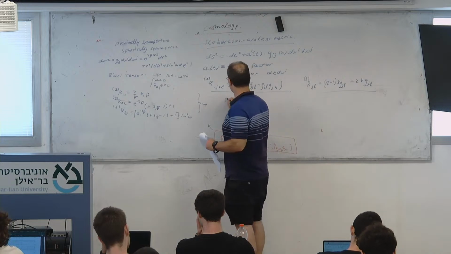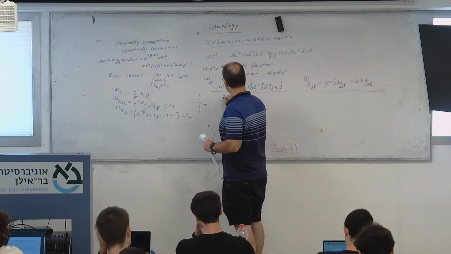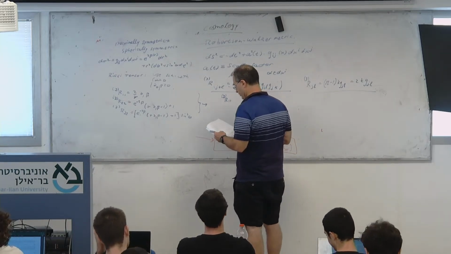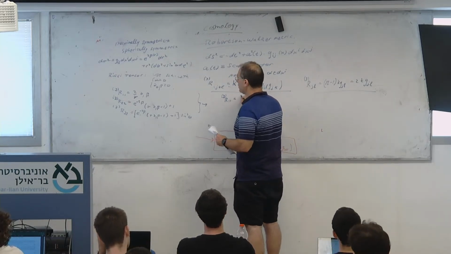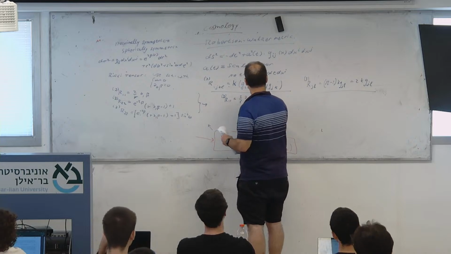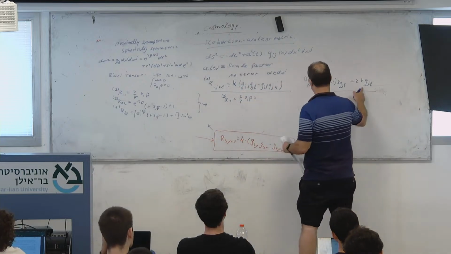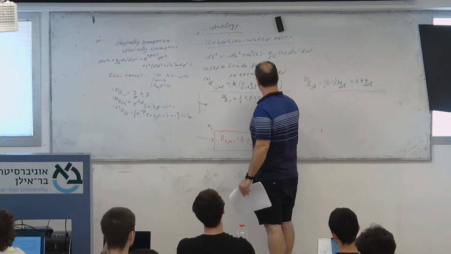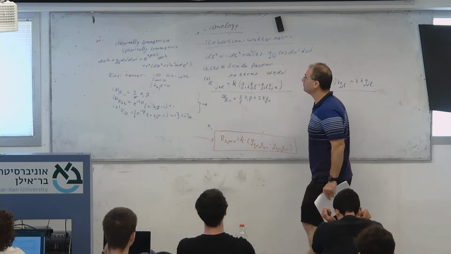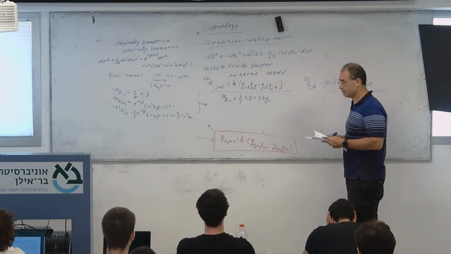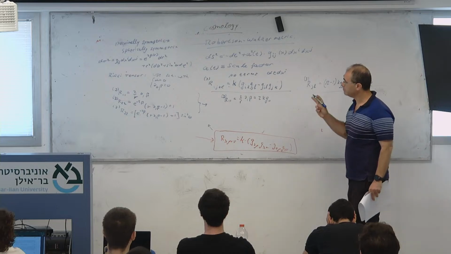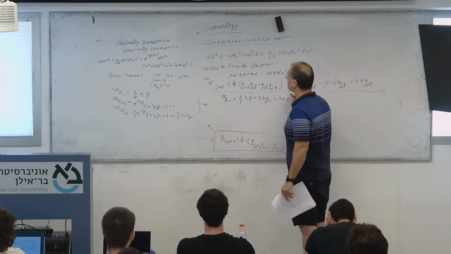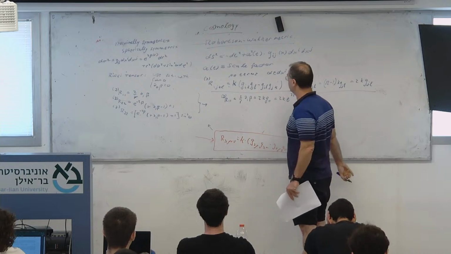What I have is R11 in 3 dimensions is 2 over r d1 beta, and that is equal to 2K g11. What is g11? It's e to the 2 beta. So this is 2K e to the power 2 beta of r.